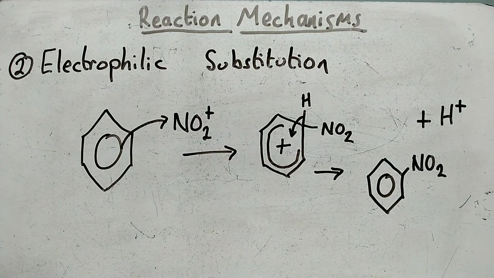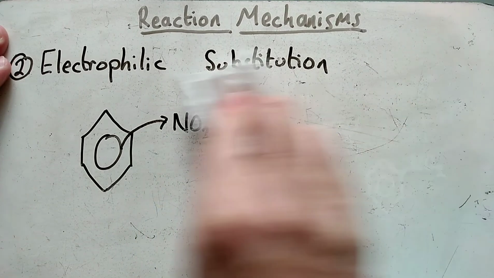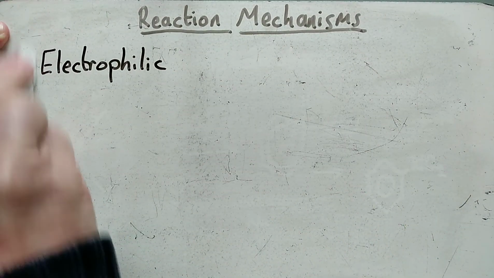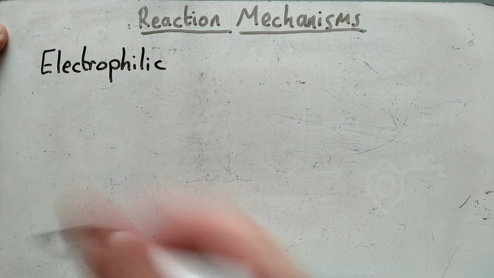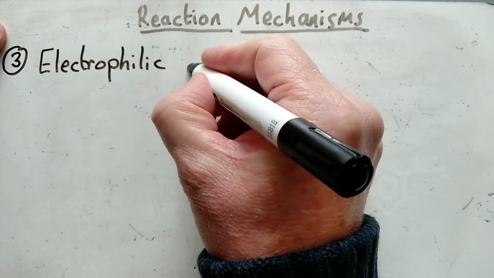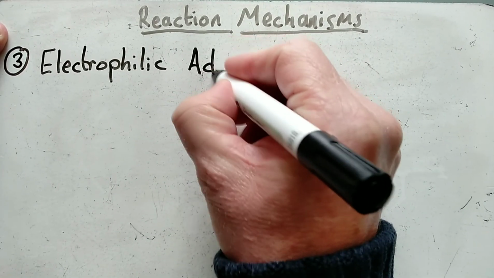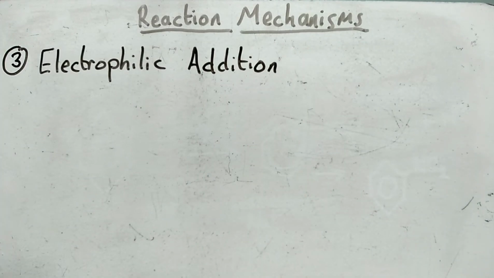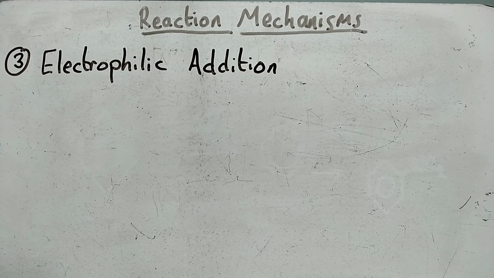The next one I'd like to have a look at, it's still going to be electrophilic. Number 3. And this time we're going to have electrophilic addition. So we're not substituting this time, we are adding to the, in this case, a carbon chain.